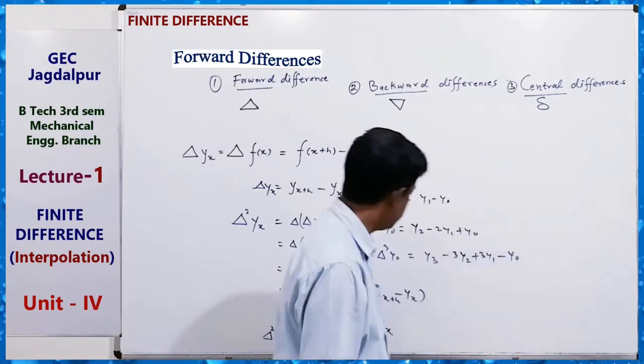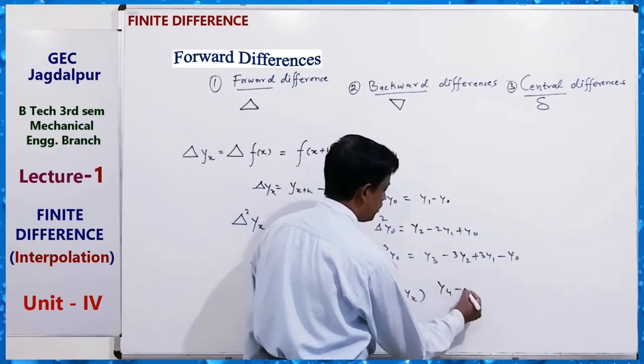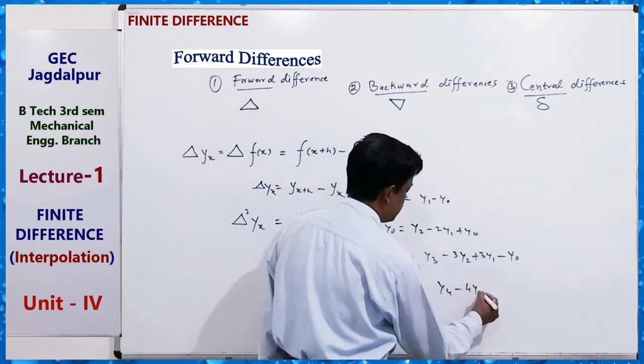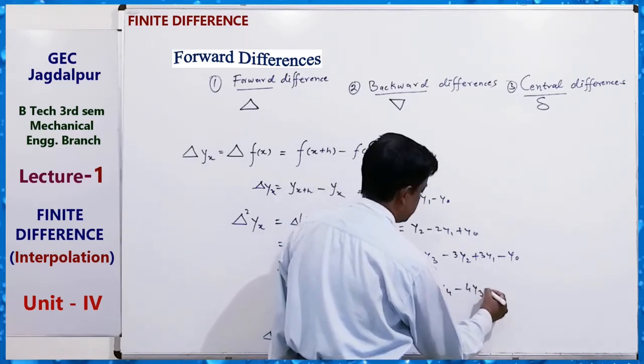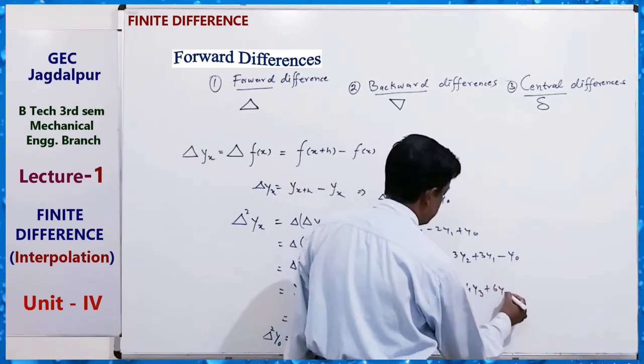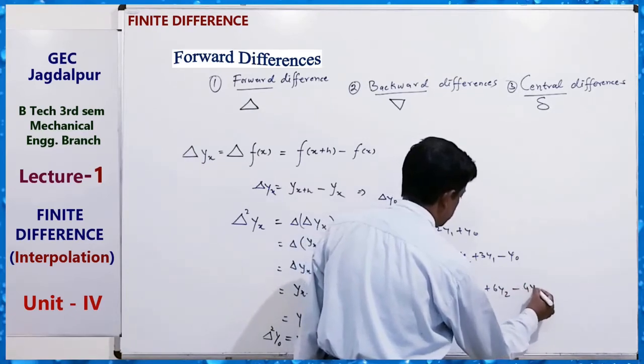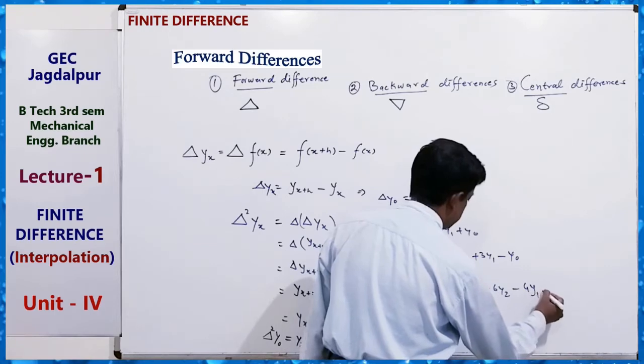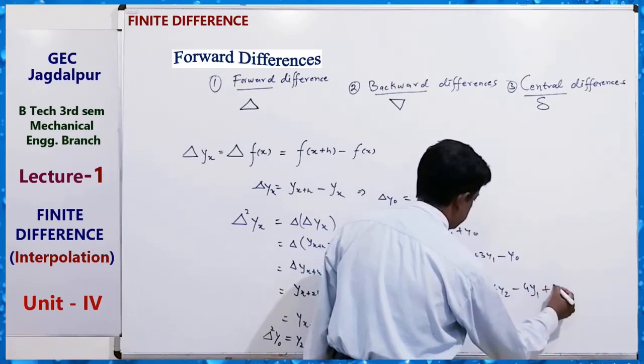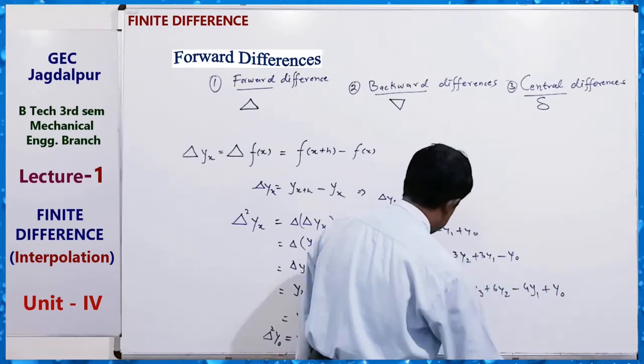Similarly, del 4 y0 equals y4 minus 4 y3 plus 6 y2 minus 4 y1 plus y0.